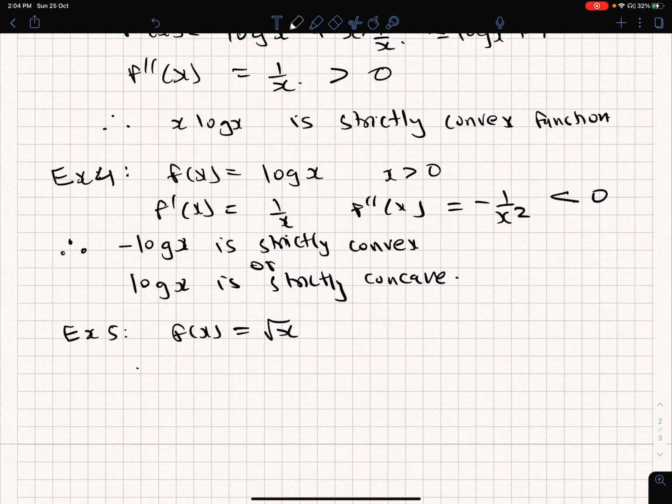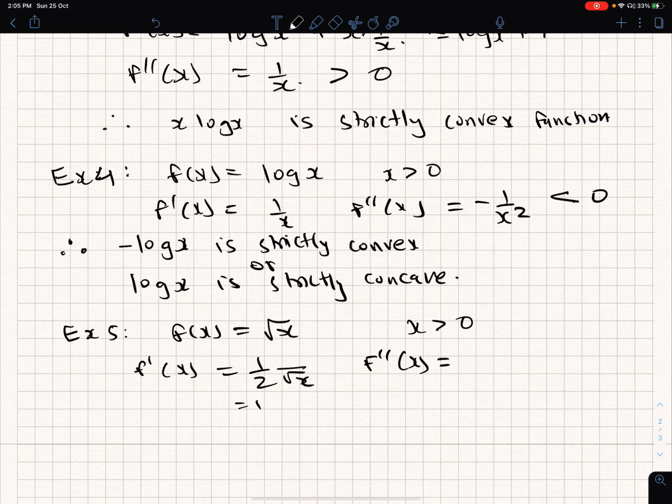And finally, let's take one last example, that is, let's say f of x is equal to under root of x. So f dash of x is going to be half of 1 over under root of x. So I'll keep x greater than 0. And what happens to f double dash?